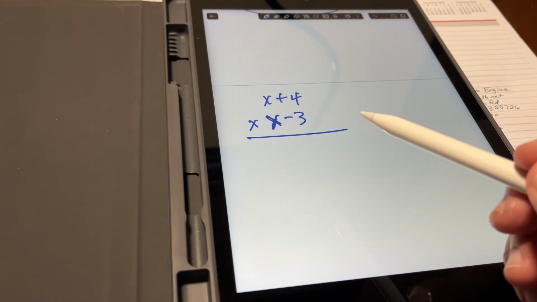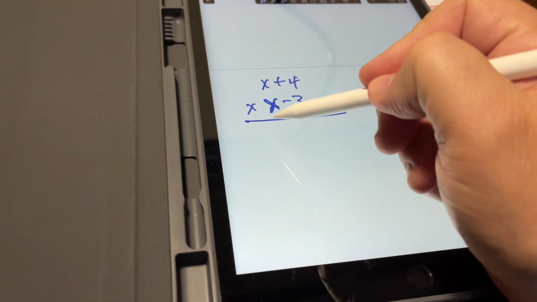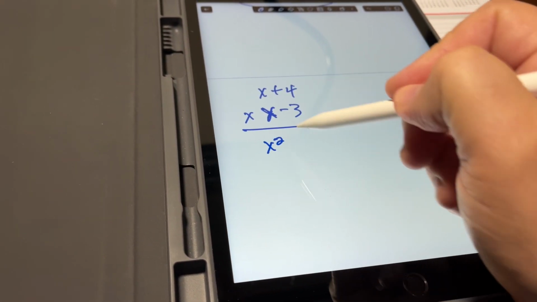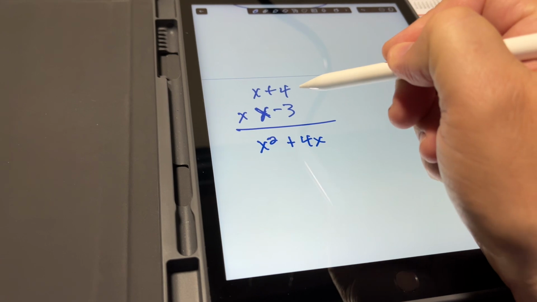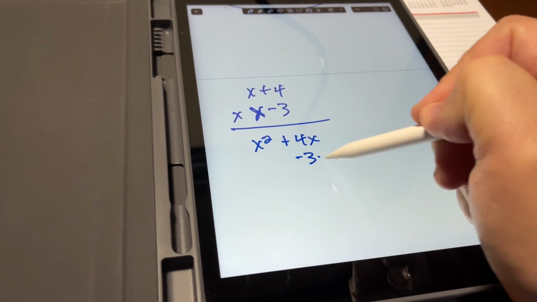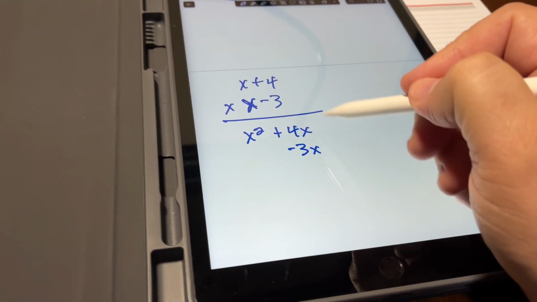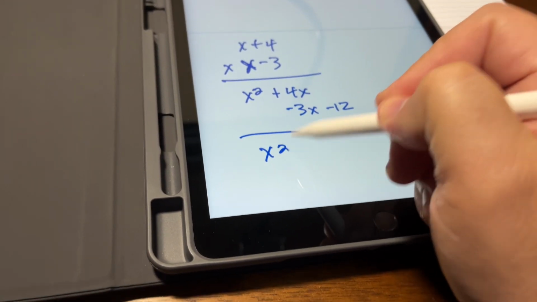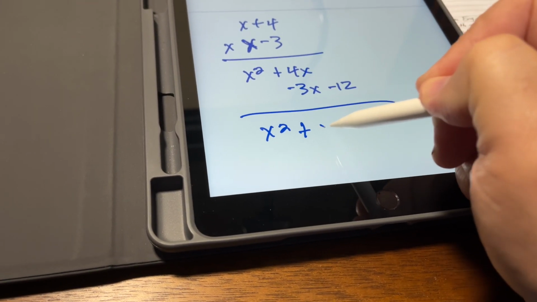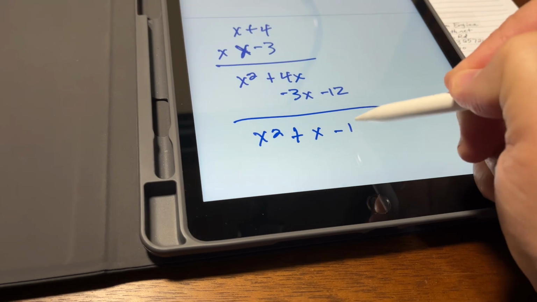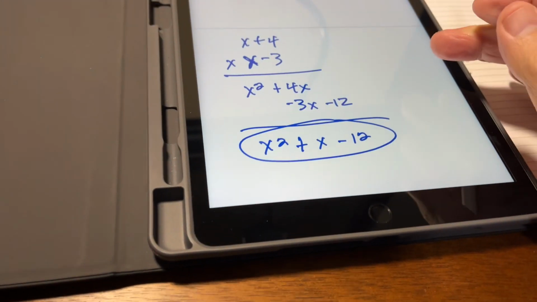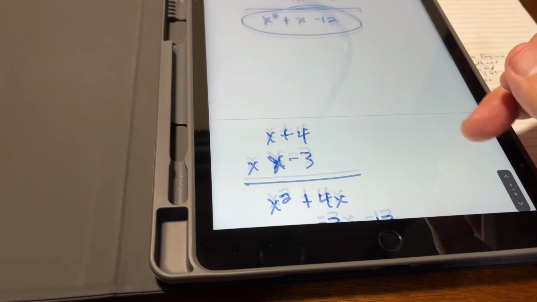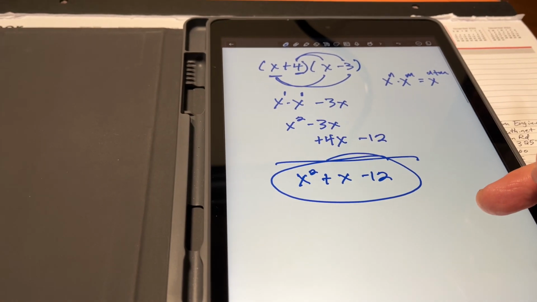So x times x is x squared, x times 4 is 4x, -3 times x is -3x, and -3 times 4 is -12. And I'm going to combine my like terms here, and I get the same answer.